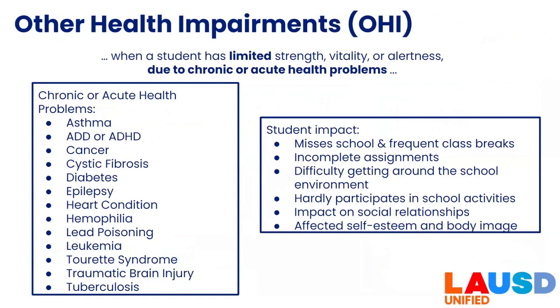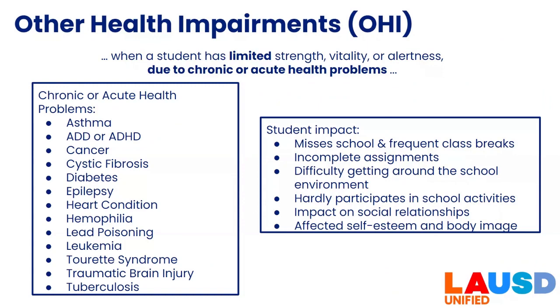The third eligibility we want to discuss is other health impairment, or OHI. It is defined by California Code of Regulations as having limited strength, vitality, or alertness due to chronic or acute health problems.